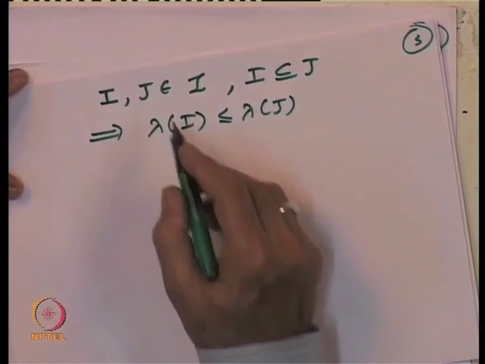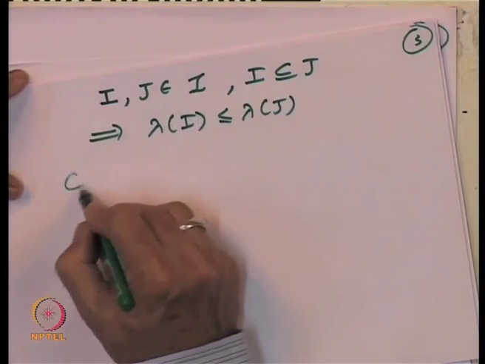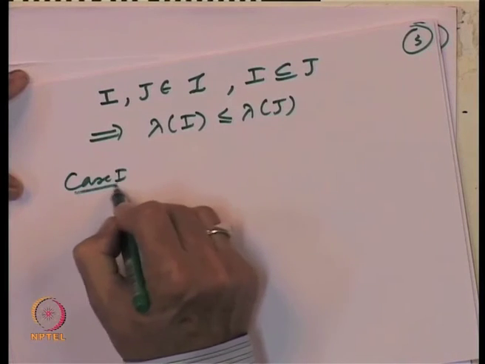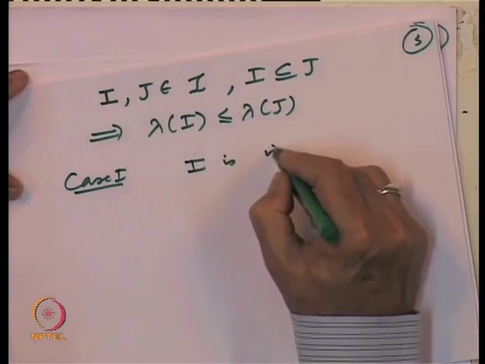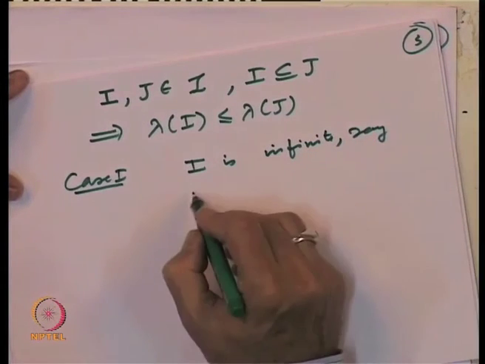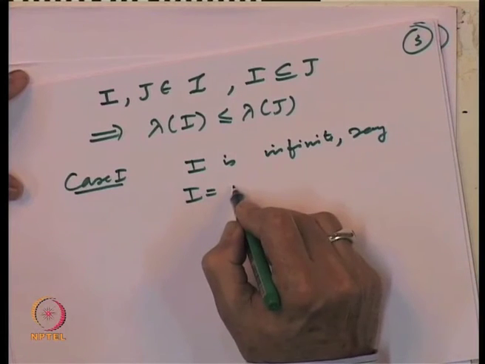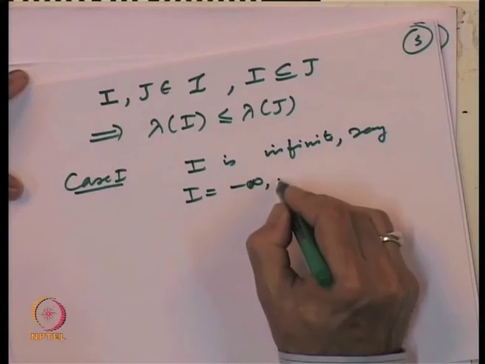Since the intervals are characterized by the endpoints, let us take case 1, let us say I is infinite, say I is equal to minus infinity to a.